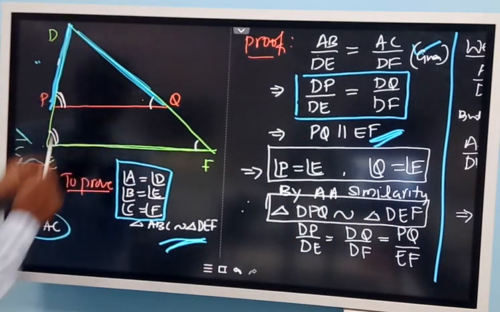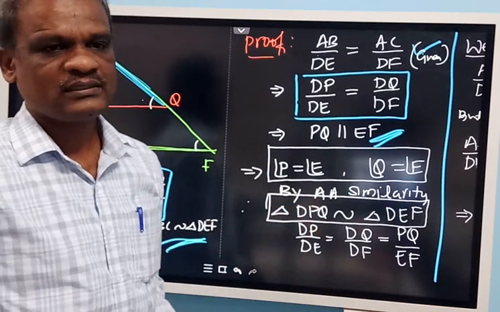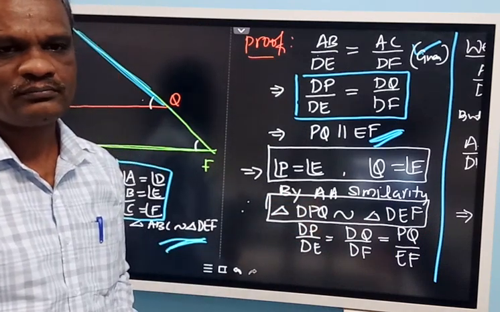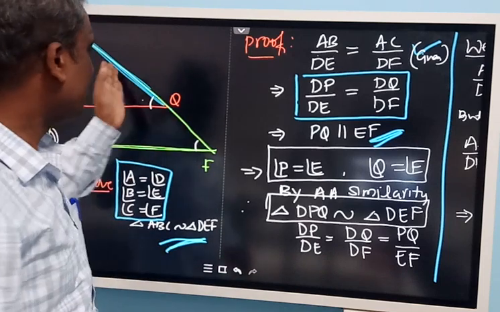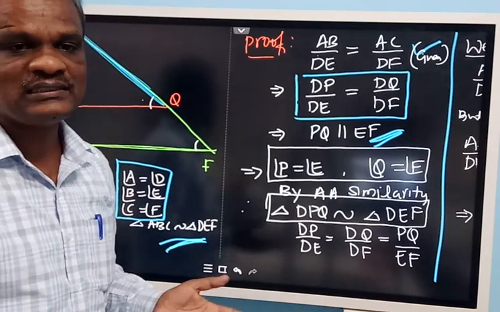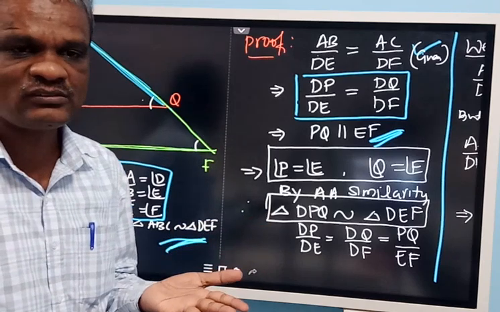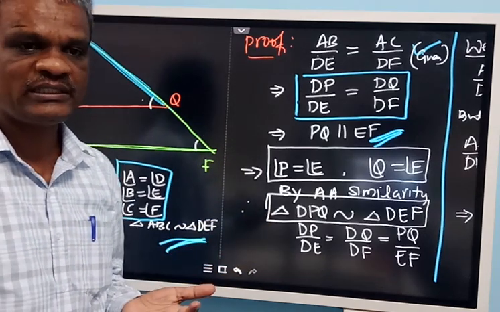If these two triangles are similar, I can write the sides are in the same ratio. Triangles are similar means corresponding angles will be equal, corresponding sides will be in the same ratio.